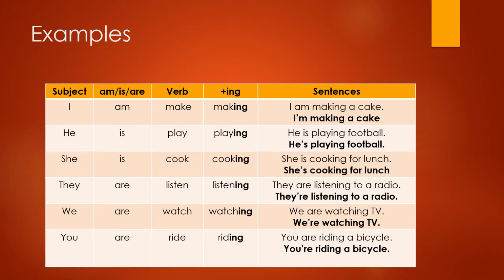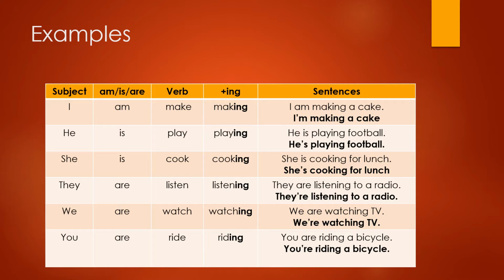Okay, these are examples of the sentences. First, I am. Because the subject is I, we should use am. And the verb is make. Because the end of the verb is e, look at the verb make, the end of the spelling is e. So we have to erase the letter e and add ing. So it becomes making.